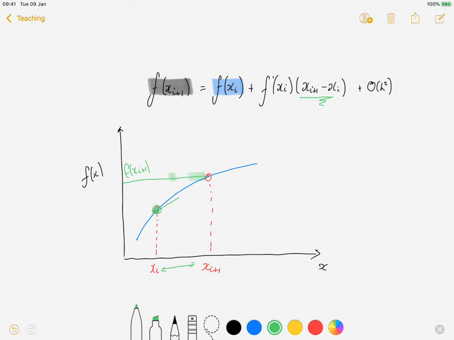So we can draw that with an arrow. And we assume this would be for a linear change. So the function change is linear.